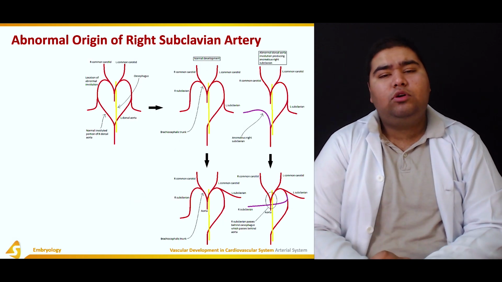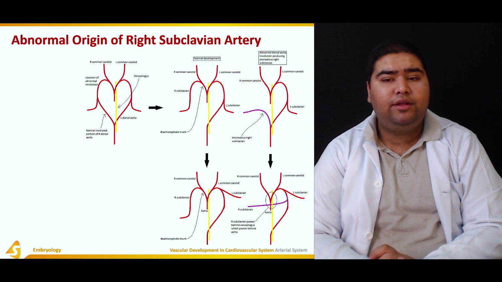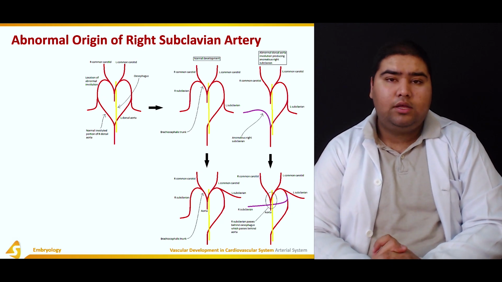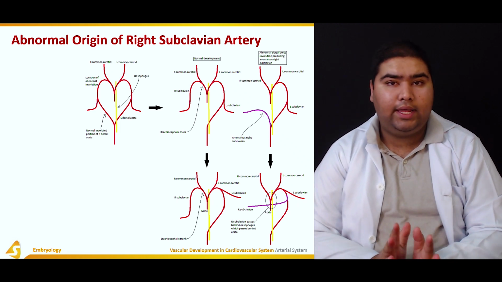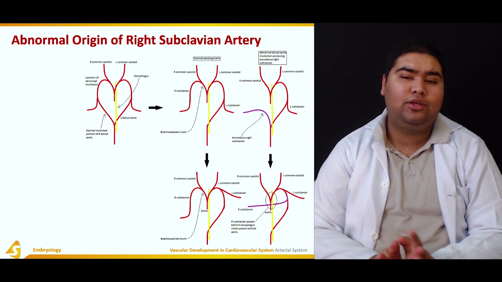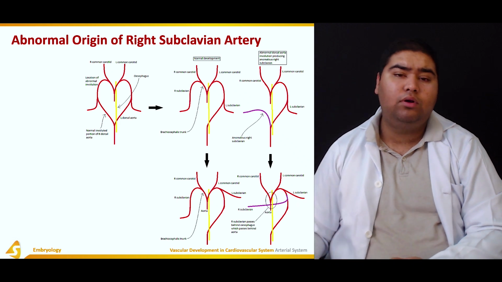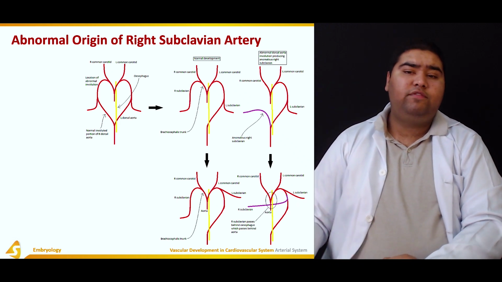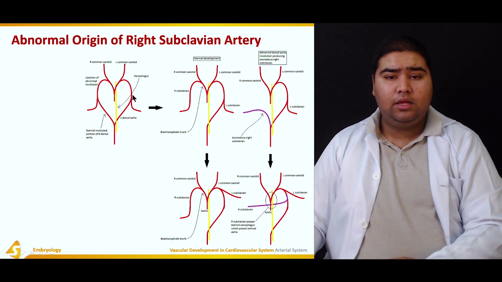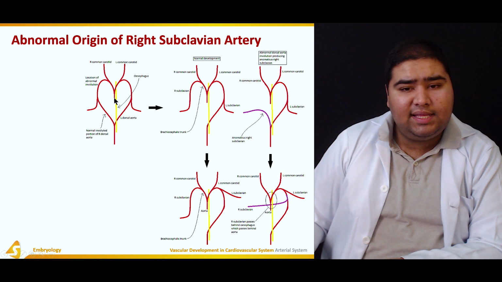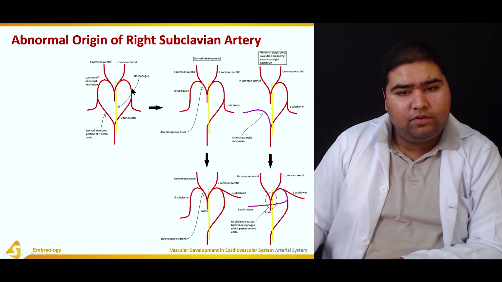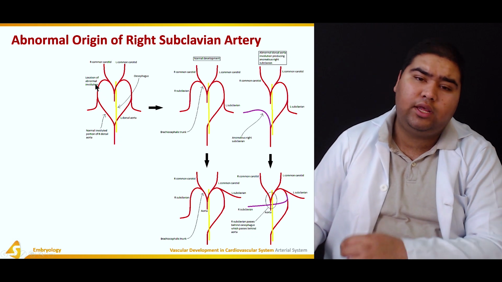So now we'll talk about the abnormal origin of the right subclavian artery. Before getting into the detail, let's take a look at the figure. I hope you'll understand it, and you'll be able to make out how the abnormal origin of the right subclavian artery takes place. So in this first figure, these are the arches of aorta, the right horn and the left horn of the dorsal aorta.